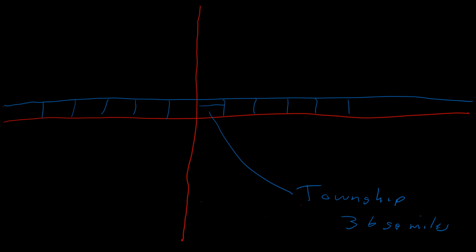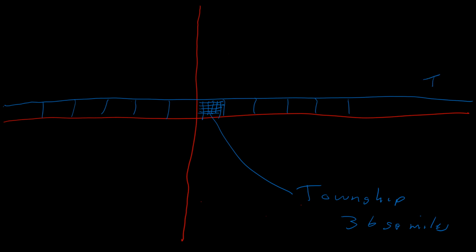So if I tried to put the section numbers in there, the sections would be really small like this, okay? So every single township that's on this first row north of the baseline gets the designation T1N. Let me rewrite that.